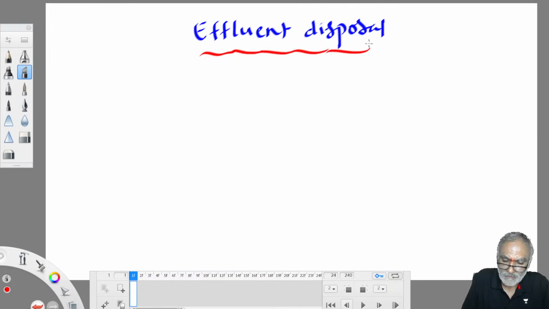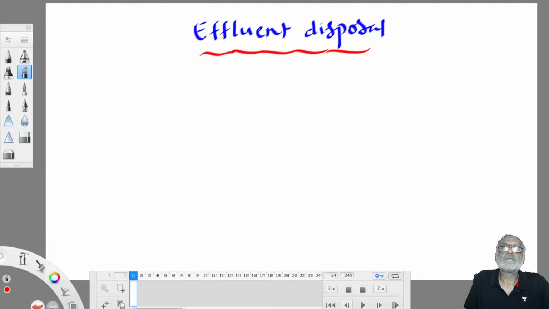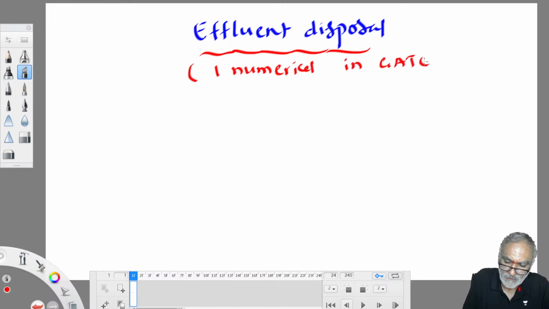The last topic. Some numericals you can expect in the GATE exam for 2 marks. They keep on asking every year.